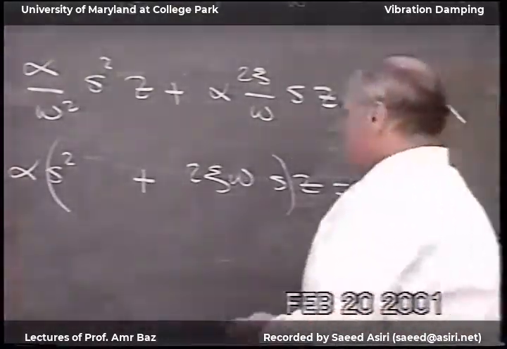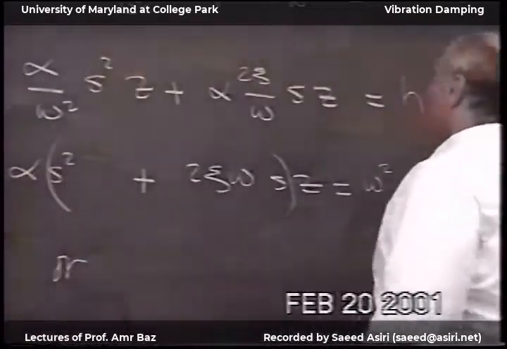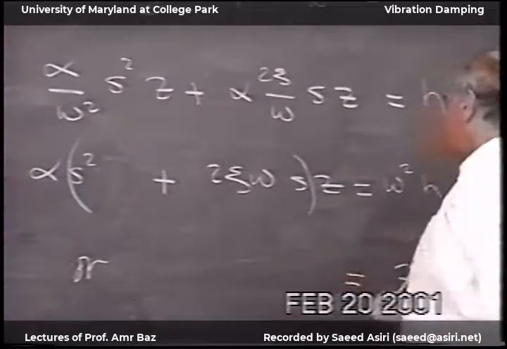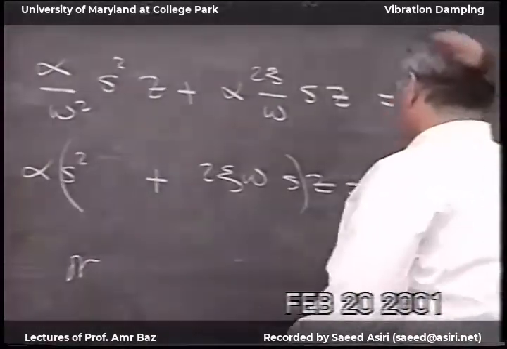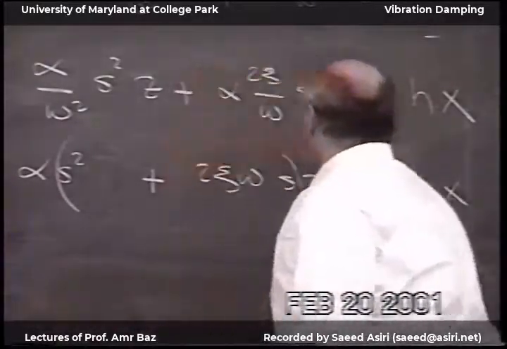Or from here I can write z alone is equal to, before we do this, can do it like this.